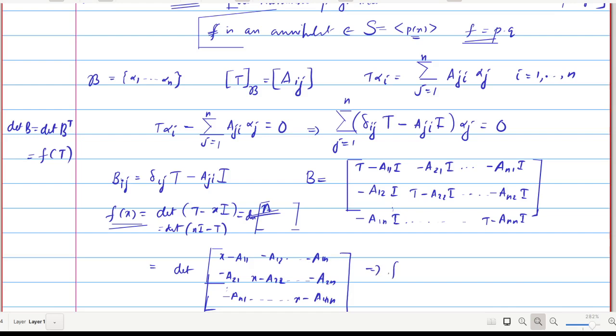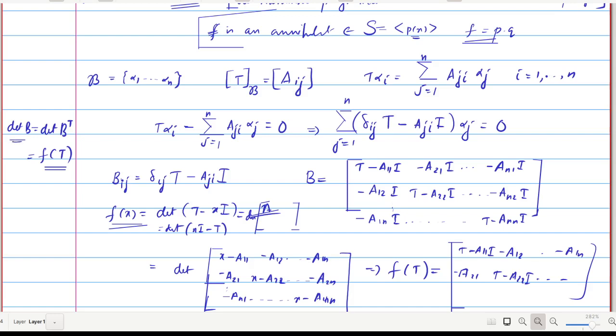This implies f of t is the matrix with entries t minus a11 I, minus a12 I, etc., minus a1n I, then minus a21 I, and t minus a22 I, etc. So this matrix is nothing but the transpose of the matrix B. So the determinant of B transpose is the same as f of t. Once you define Bij in this manner, using the definition of the matrix of T, you get that the determinant of B is the same as f of t.